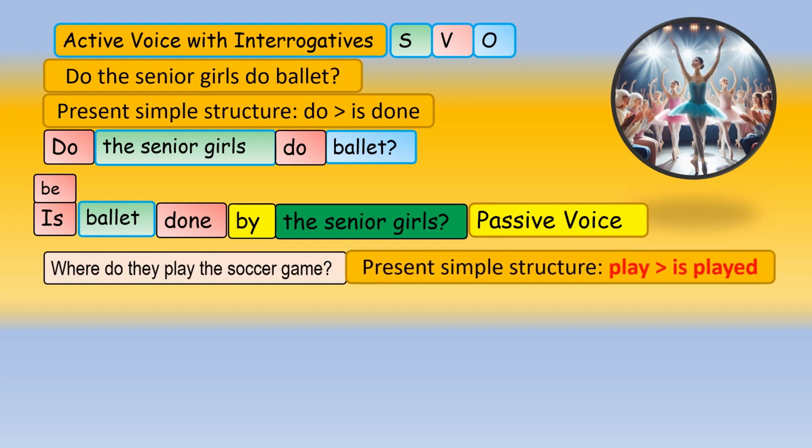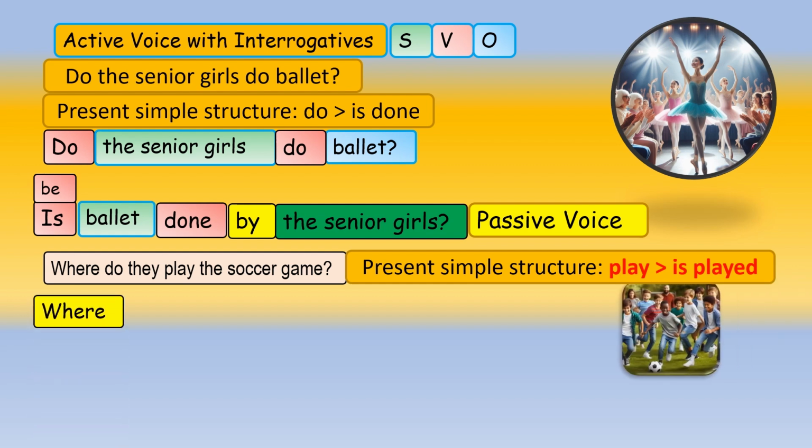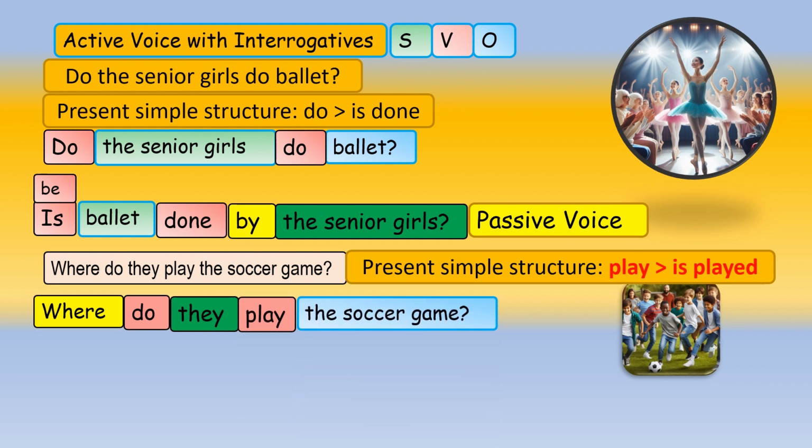Let's take another example. Where do they play the soccer game? It's present simple structure. Play, active, becomes is played in the passive. Let's break it up into its different parts here. Where do they play the soccer game?